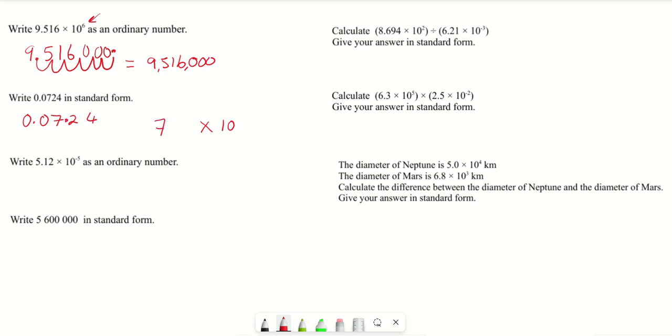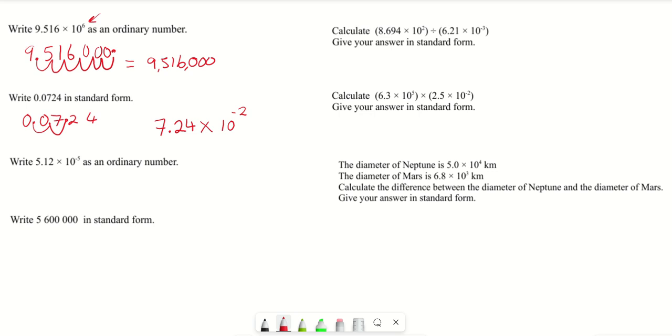So the number in front of 10 becomes 7.24. And to figure out what the power is, now because it's a decimal, I know it's going to be to the power of negative something. Let's see how many spaces I move from my original decimal place to my new one. 1, 2. And it's to the power of negative 2.